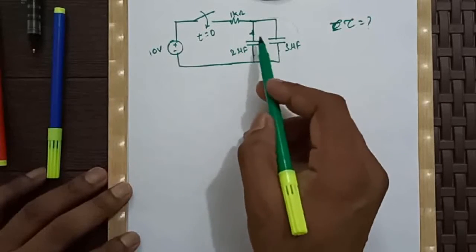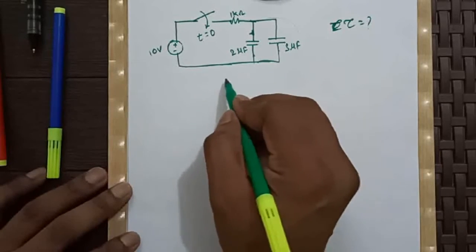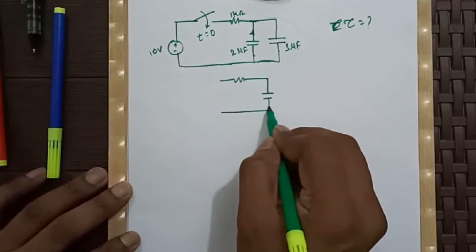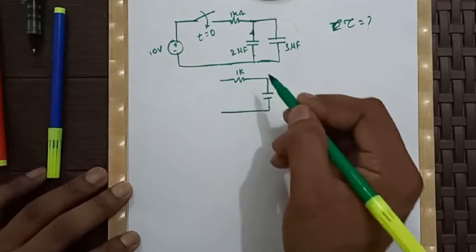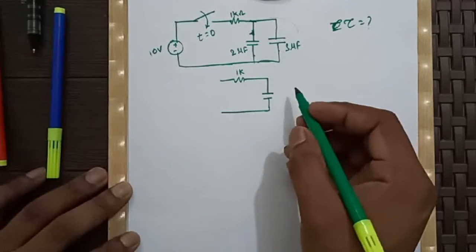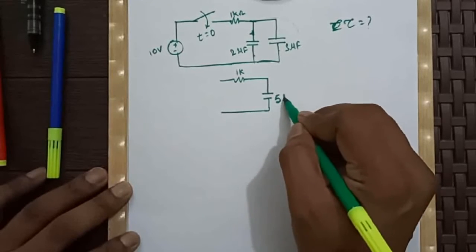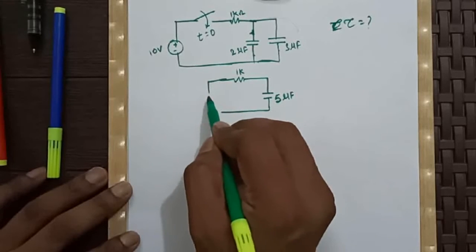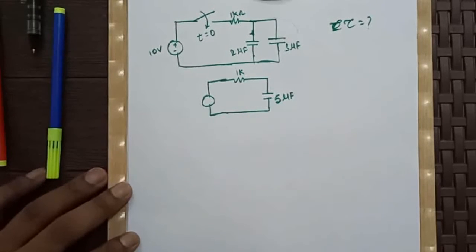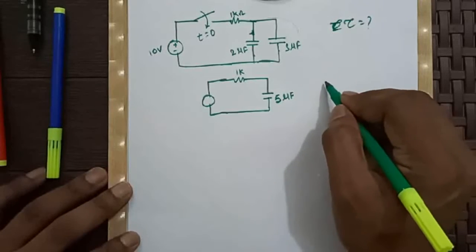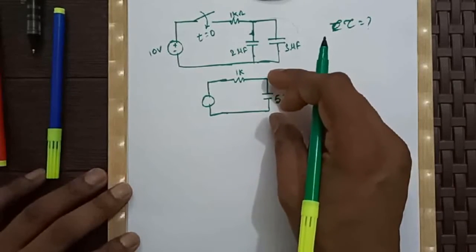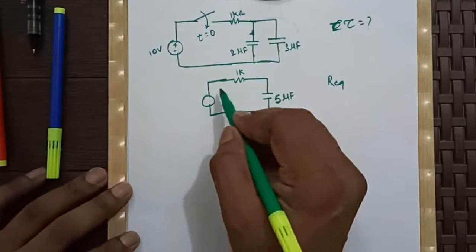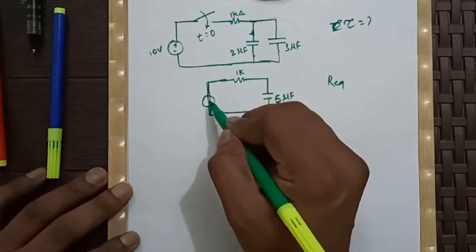So, after lumping these two capacitors, our circuit will get transformed into this. This is 1K and in parallel they will get added, so it will be 5 microfarad, and the switch has been closed at t equal to 0. Now our R equivalent will be the resistance across this 5 microfarad capacitor. To find the equivalent resistance, we will short this source.